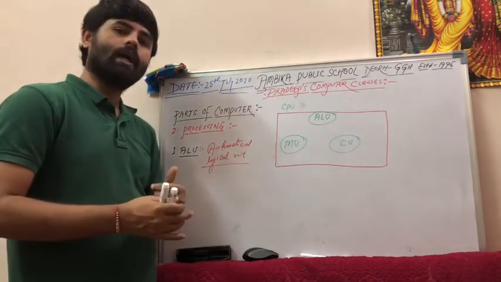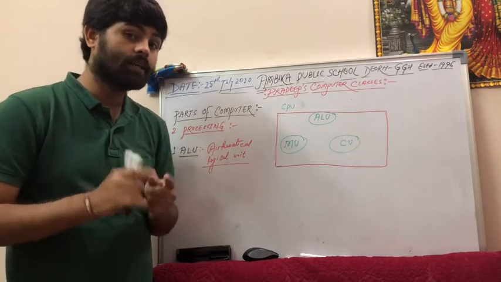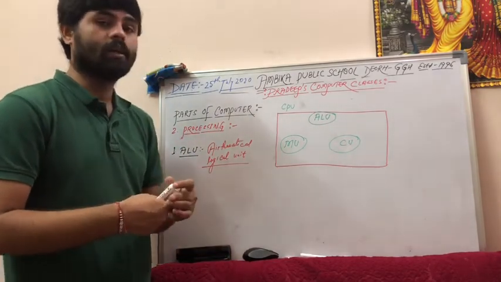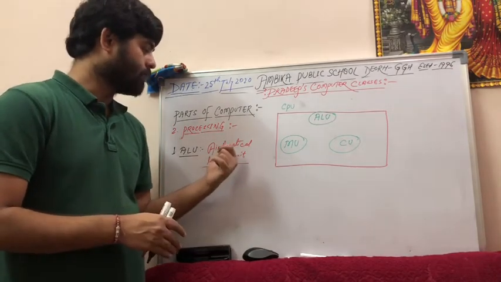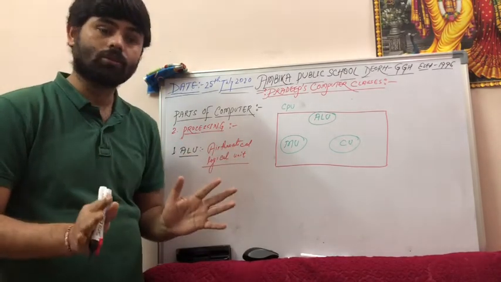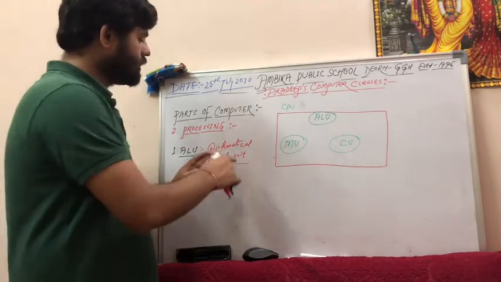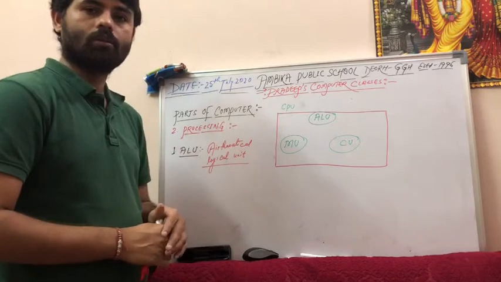Whenever you are giving any arithmetic instruction, Ank Ganitiya instruction, in Hindi we say Ank Ganitiya. If you talk from the English computer perspective, arithmetic is easy to understand, but Ank Ganitiya is a little bit difficult to understand. So arithmetic or logic.